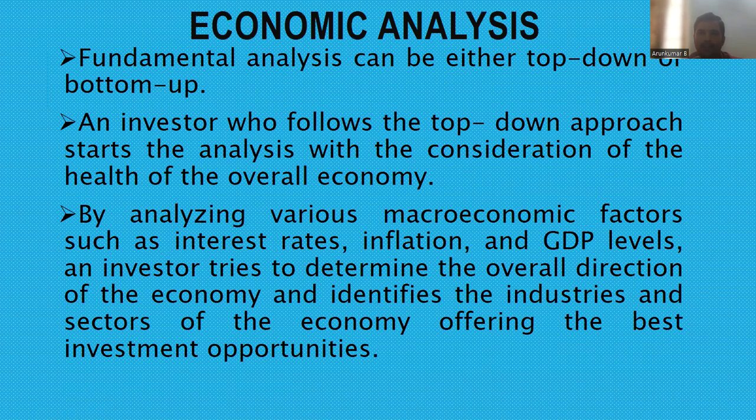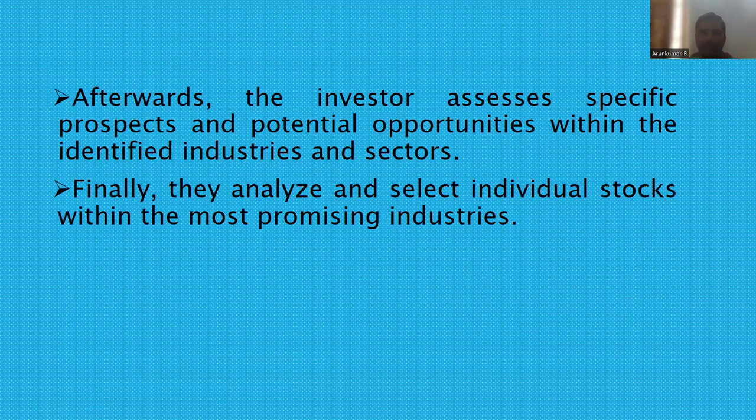It can be either top-down or bottom-up. An investor who follows the top-down approach starts the analysis with the consideration of the health of the overall economy. By analyzing various macroeconomic factors such as interest rates, inflation, and GDP levels, an investor tries to determine the overall direction of the economy and identifies the industries and sectors of the economy offering the best investment opportunities.